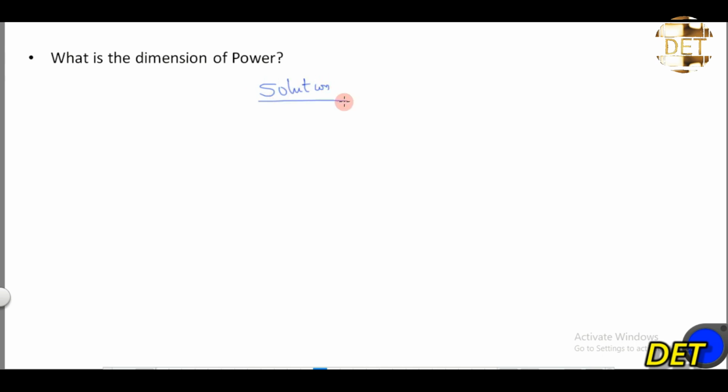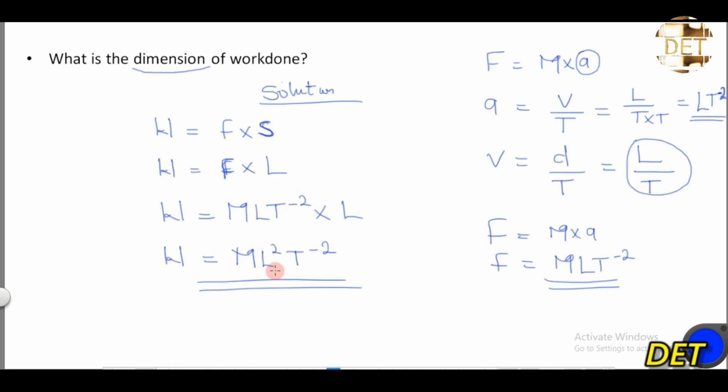So the first thing that you want to do is to write out the formula for power. Power is equal to work done over time, right? We've already looked for the dimension for work done, and work done is equal to M L squared T raised to the power of minus 2, right?